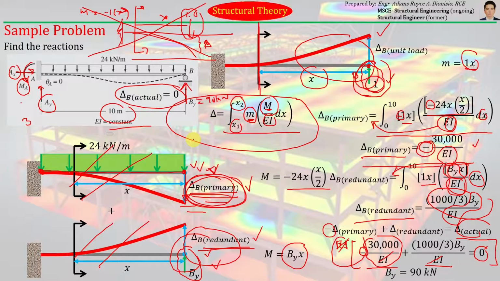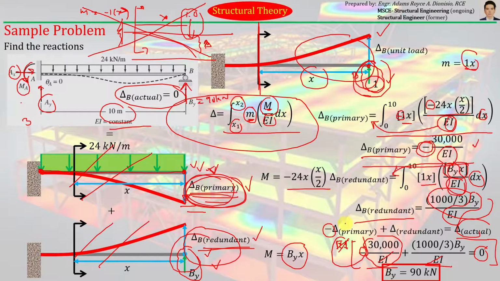So basically, that is how you apply the method of consistent deformation or force method in analyzing indeterminate beams. This is an indeterminate beam, and you will do the same thing if you apply the method in analyzing an indeterminate frame. Same method, same concept will be used for the analysis of indeterminate frames.